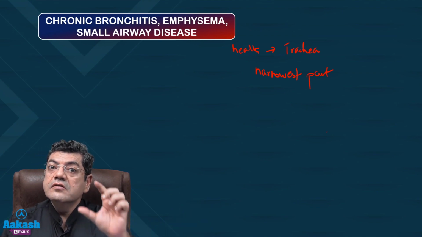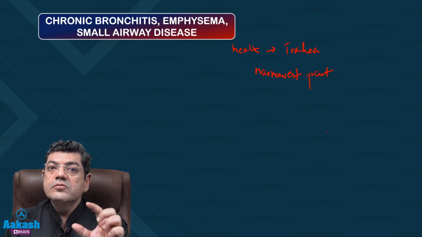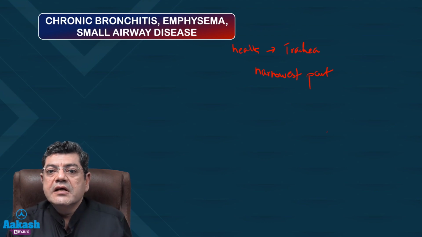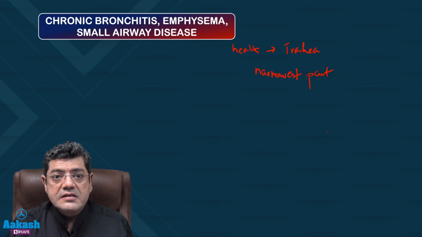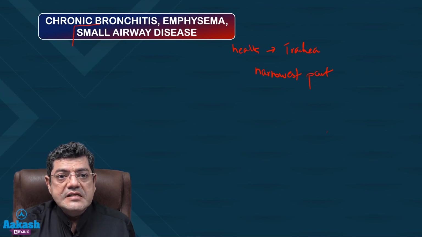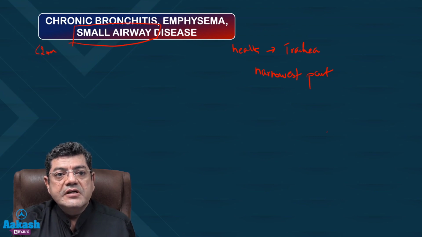So, for the volume of air that is passing through it, the trachea is the narrowest part of the airway. Okay? So, this is the site of maximum airway resistance in health. The site of maximum airway resistance in COPD is small airways, which is airways less than 2 millimeter in diameter.